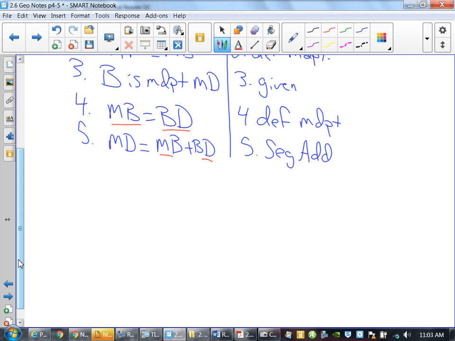It is substitution. I have two things that are equal to each other, which means I can replace them at any time. MB equals BD, which means anywhere I see a BD, I can replace it with that. That's all that is. What do we do? Substitute. We put something in for something else.